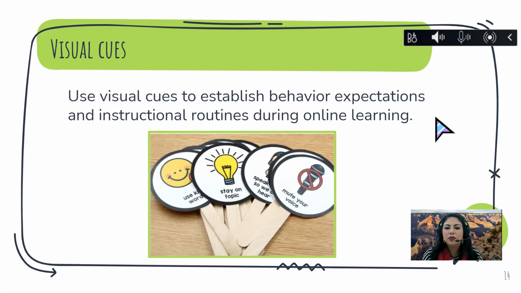Kids are real good about picking up on visual cues. I did add these resources so that you can print them out and use them as you need. If there are some other visual cues that you need that I did not provide, maybe I just didn't add the link, feel free to email me if you need some extra ones, okay?